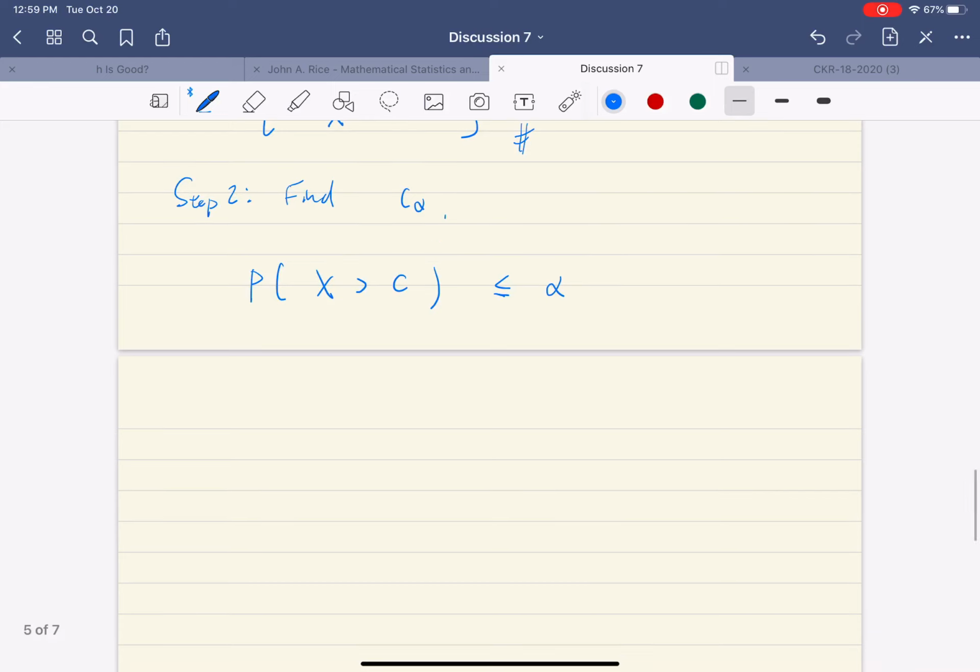Then we can observe that this probability decreases to zero as c goes to infinity.